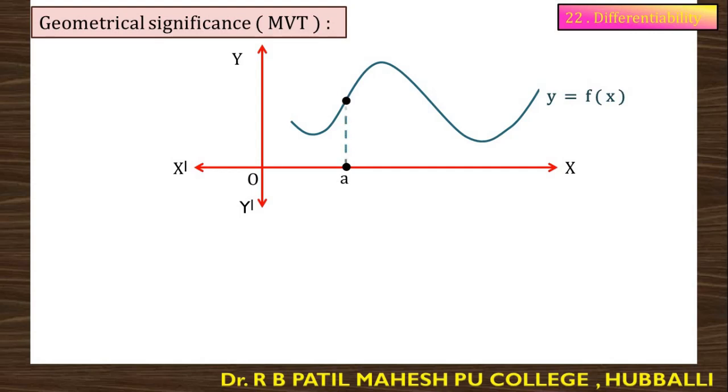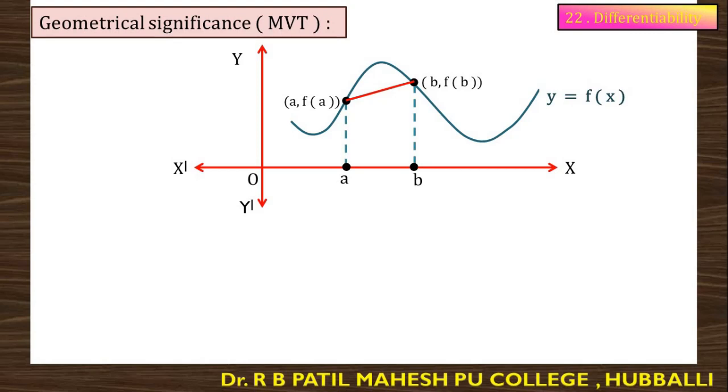With respect to this point A, this is the point on the curve, that is f of a length, and this point's coordinates are a comma f of a. And another point B on the x-axis, and the point on the curve is f of b, that is coordinates b comma f of b. Now here we don't have any condition like in Rolle's theorem that f of a should be equal to f of b.